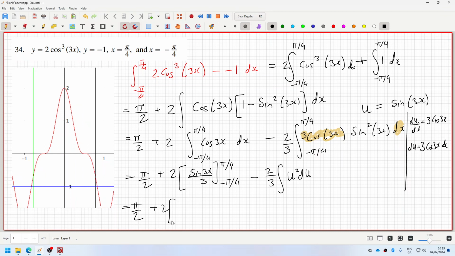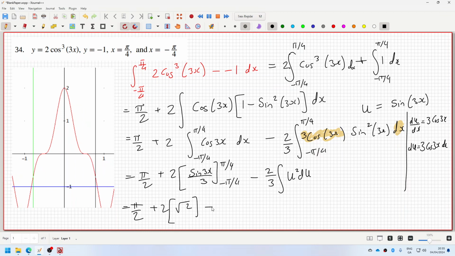Sorry, I put the wrong number in. 3 times pi over 4, 3/4 pi. Sine 3/4 pi minus sine. Oh, but yeah, okay, no, never mind. I'm confusing myself. If I put those two values in and subtract, I'll get root 2.